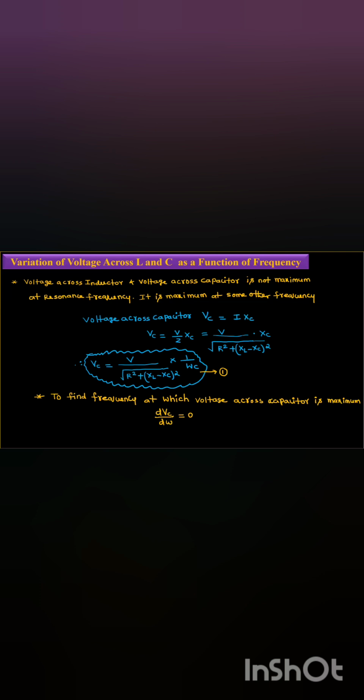Then we can get the frequency at which the voltage across the capacitor is maximum. But I'm not giving the derivation. You have to do that differentiation and equate to 0, students. I'm directly writing the expression for the frequency.